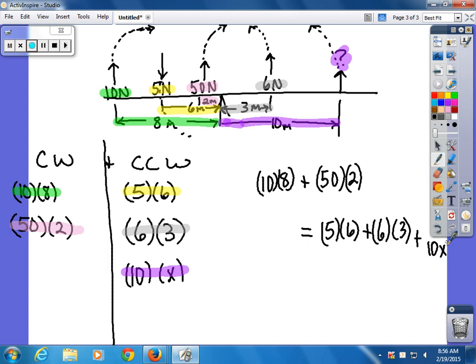And then 80 plus 100 is 180. Is equal to 30 plus 18 is 48. And then 180 minus 48 is what? 132. And x is equal to 13.2.